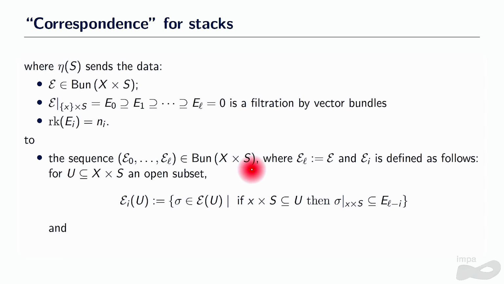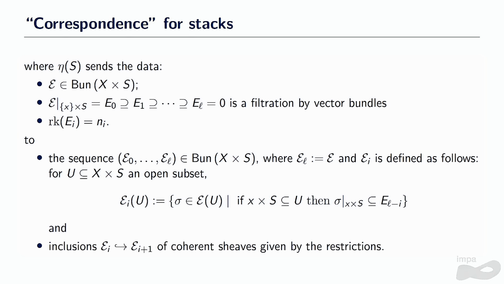For each open set in X times S, the sections will be the sections of E such that, if small x times S is in the open set, we require that the restriction of the section is in the filtration given by the parabolic groupoid on X. And of course the inclusion is just given by the inclusion in the construction of these vector bundles.